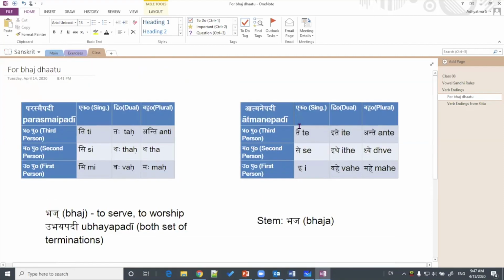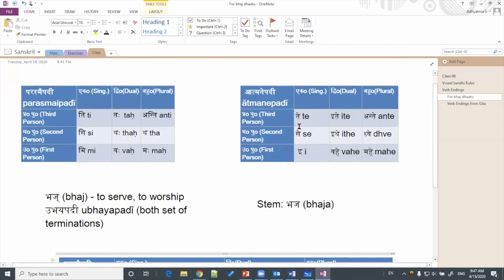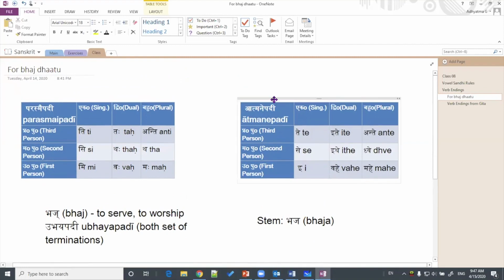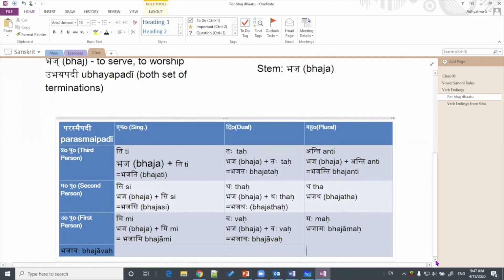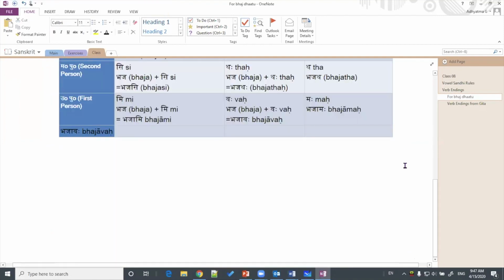Now we will see how to do the Atmanepadi. Same logic. So we'll take this table, make it a little bigger, and we'll do the same root, bhaj.